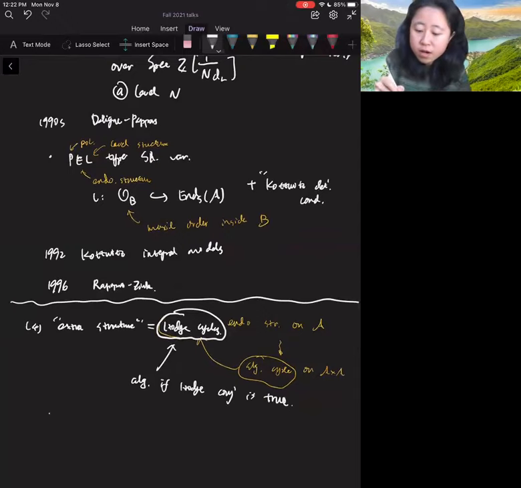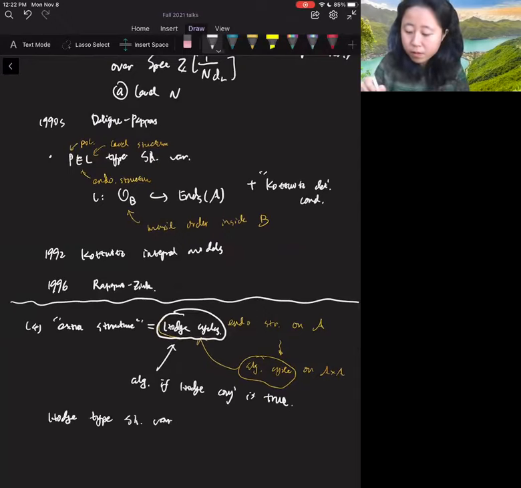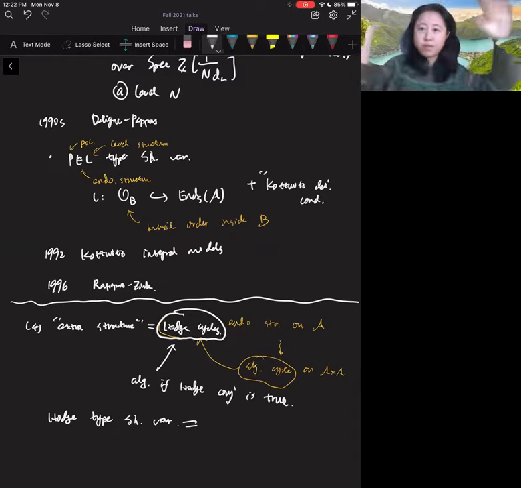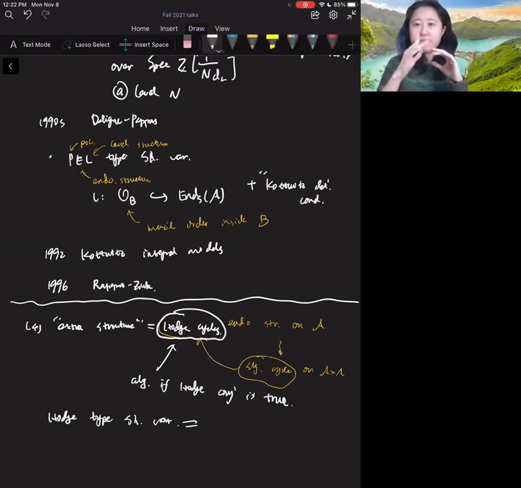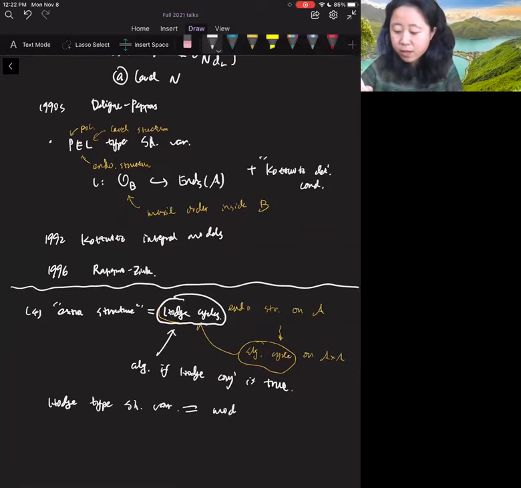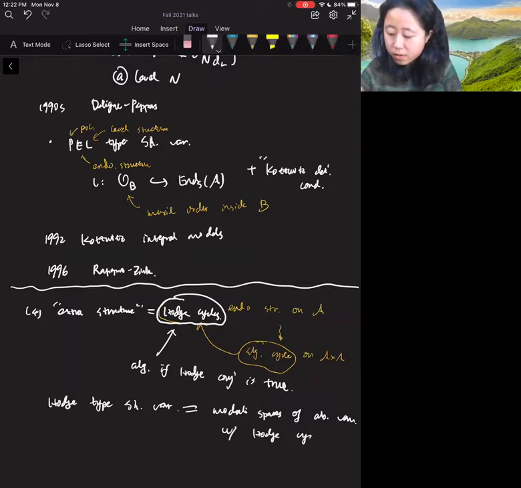And a Hodge-type Shimura variety is more general than PEL type; in particular, PEL type Shimura varieties form a subclass of the whole large class of Hodge-type Shimura varieties. And Hodge-type Shimura varieties, roughly speaking, are just moduli spaces of abelian varieties equipped with Hodge cycles.